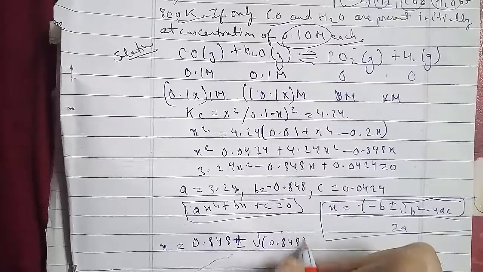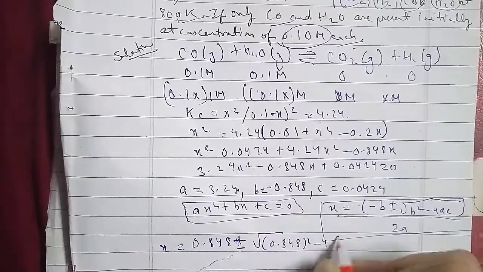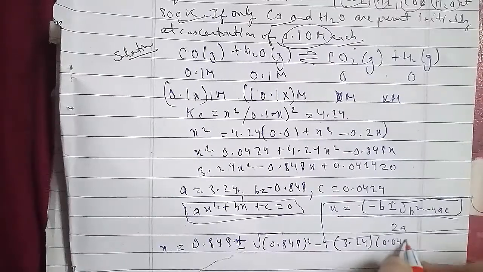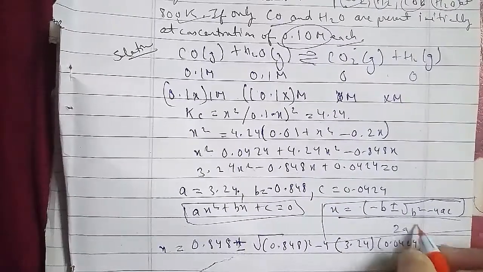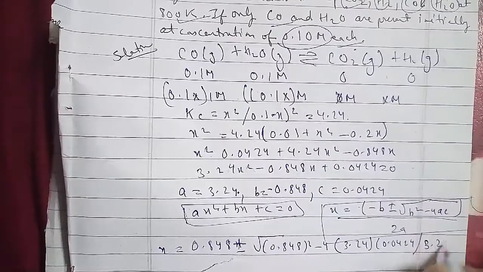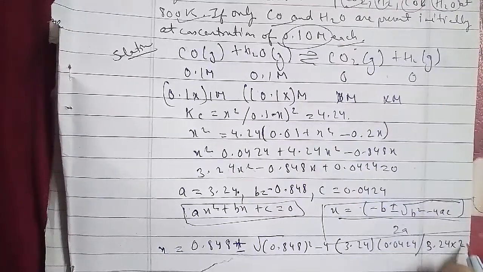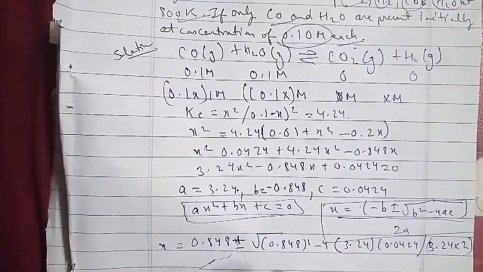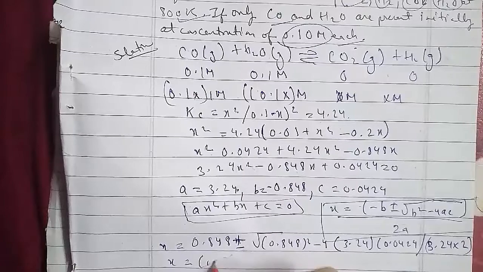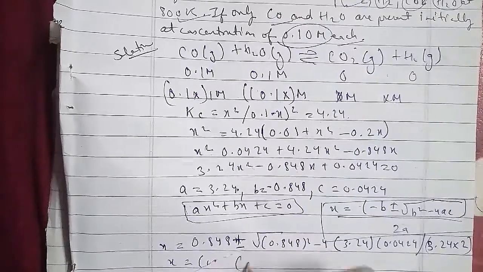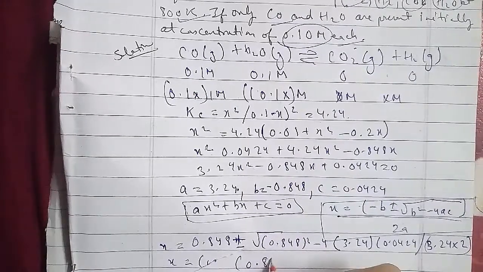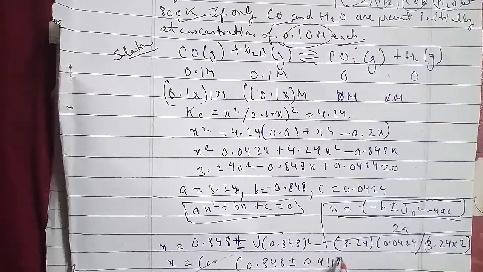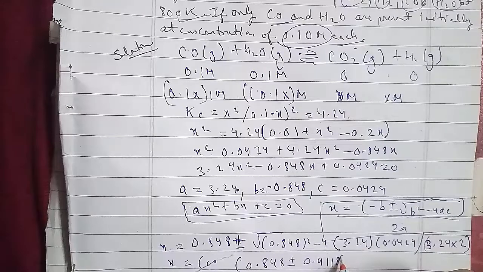For the x1 value, we get 0.848 minus 0.4118 upon 6.48, so we get 0.067. Here we are doing the subtraction. For the x2 value, we take 0.848 plus 0.4118 upon 6.48, and we get 0.194.